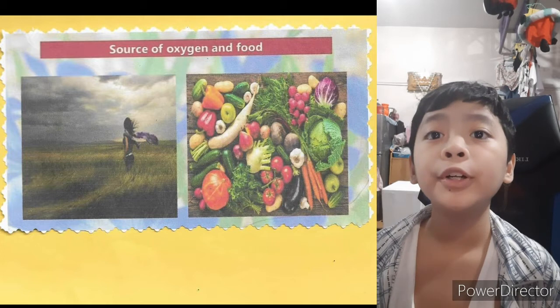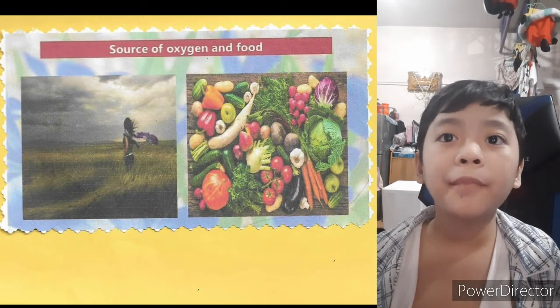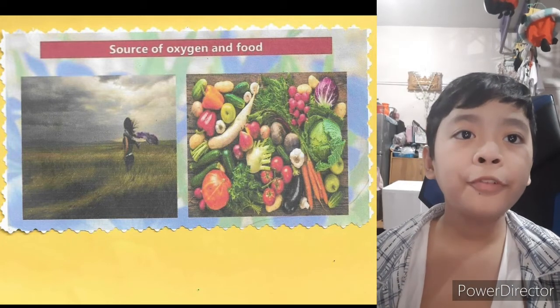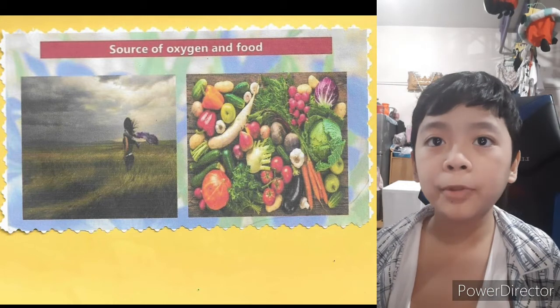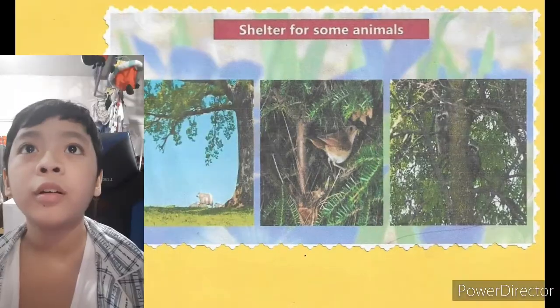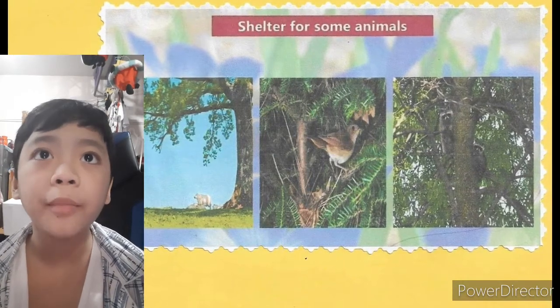Source of food. Plants provide people and animals with food. Plants consumed as food can be grouped into fruits, vegetables, roots, crops, cereals, and seeds. Animal shelters. Plants provide homes to many animals.